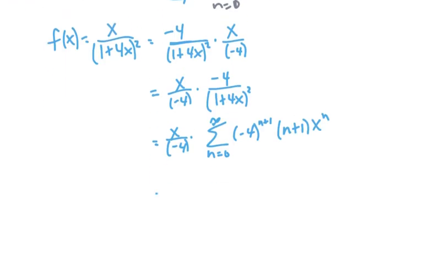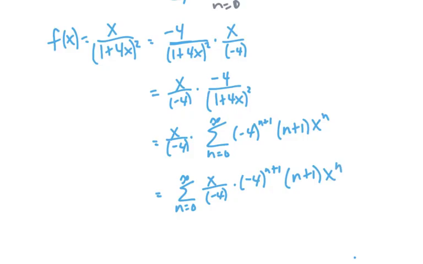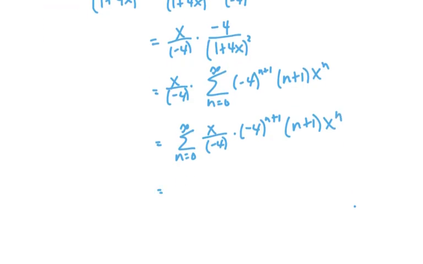So let's bring the fraction out front inside the summation. So we have from n equals 0 to infinity, x over negative 4 times negative 4 to the n plus 1, n plus 1, x to the n. Let's simplify.